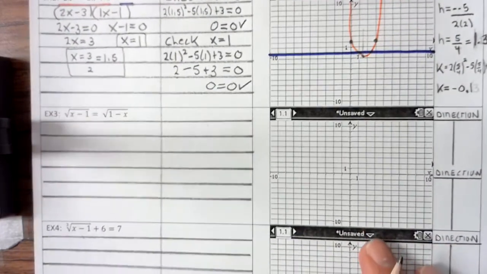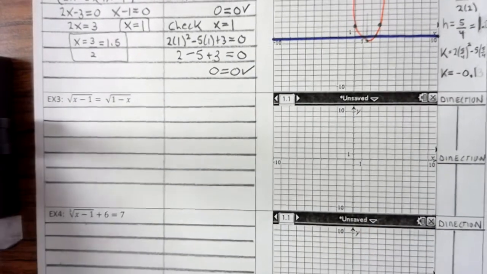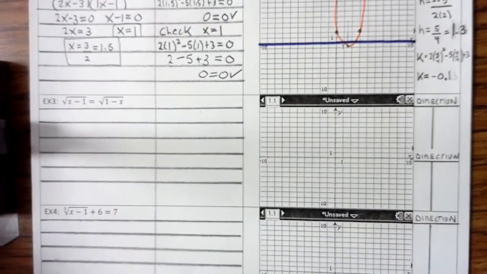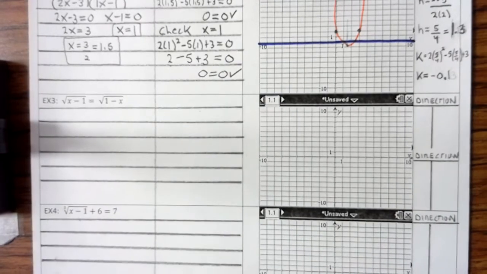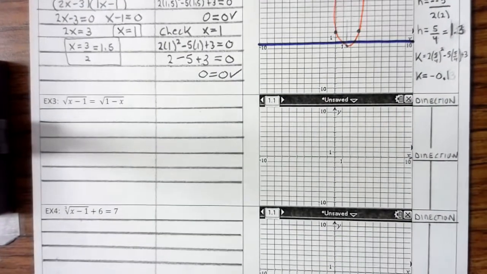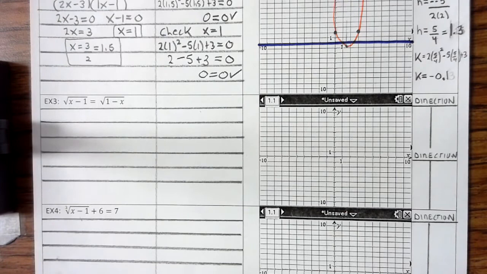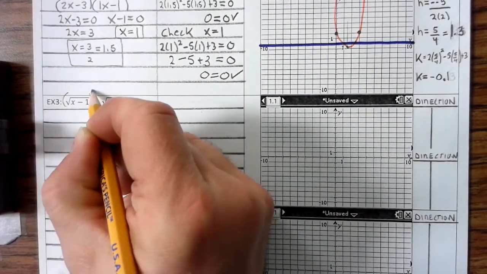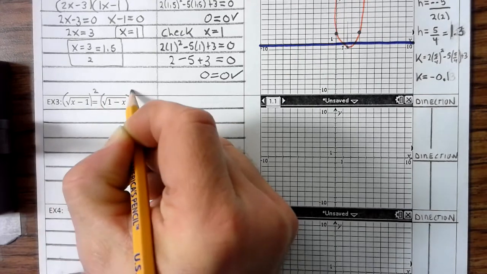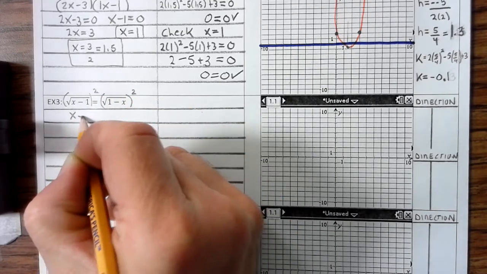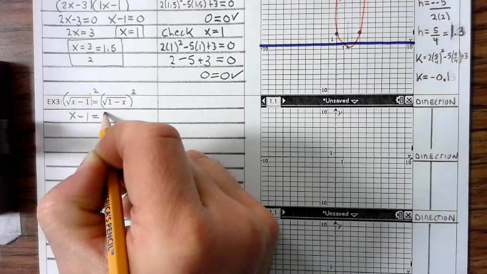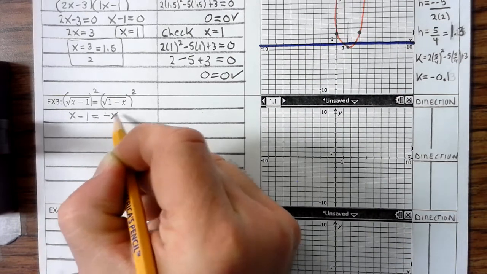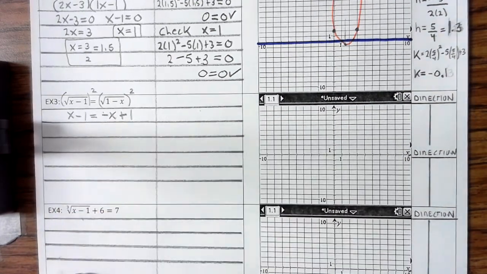All right, let's take a look at example 3. Try not to skip the check this time. All right, so first step is we're going to square both sides. So then you get x minus 1 equals, I'm going to rewrite this as negative x plus 1.